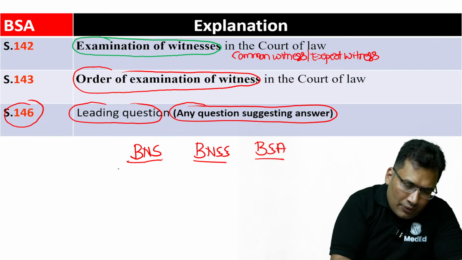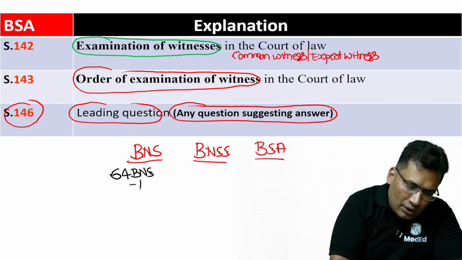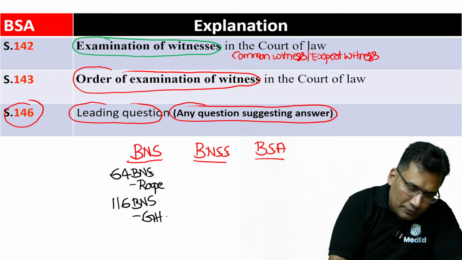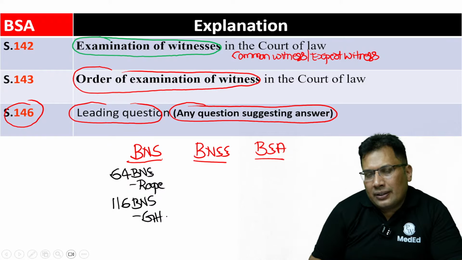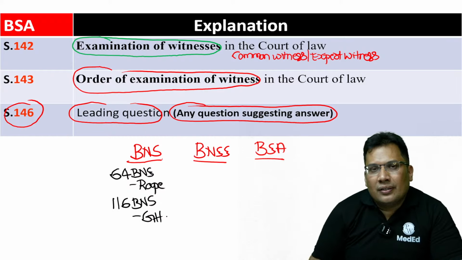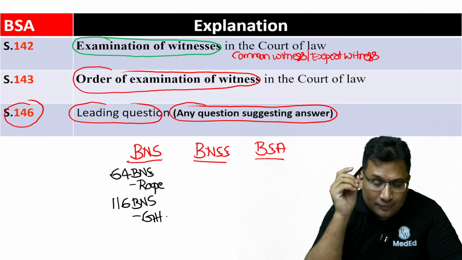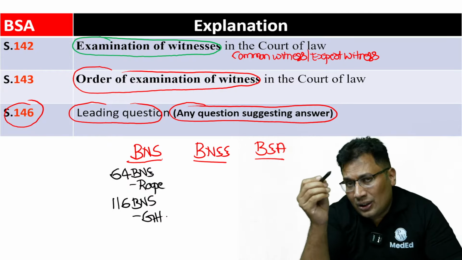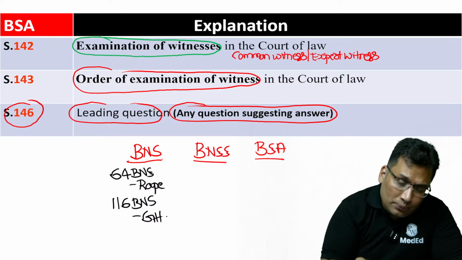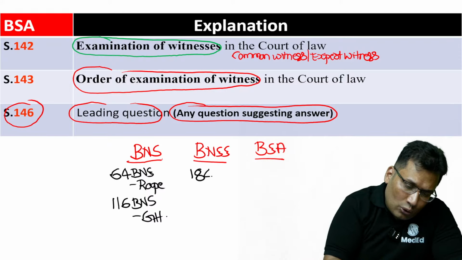For example, 64 BNS, rape; 116 BNS, grievous hurt; 106 BNS, negligence and death; 70 BNS, gang rape. 116 is commonly asked in the exam. BNSS, Bharatiya Nagarik Suraksha Sanhita. In that you must know 184 BNSS.